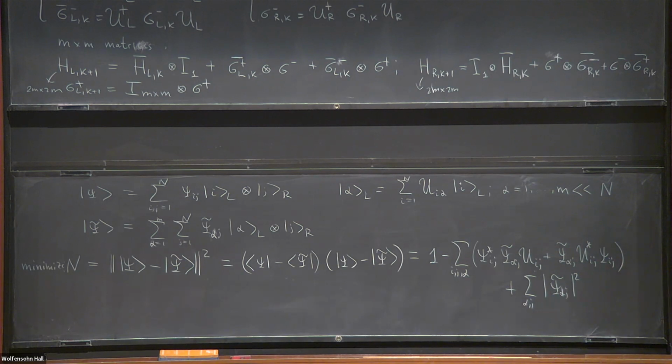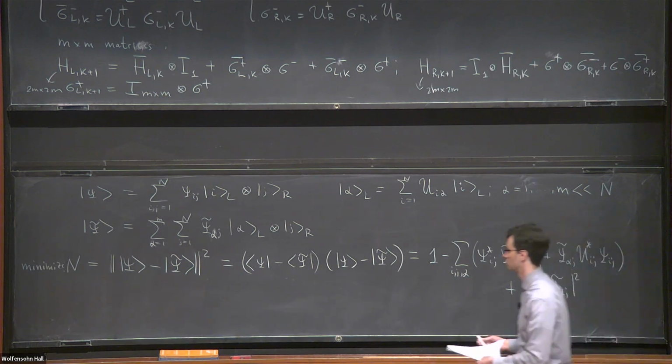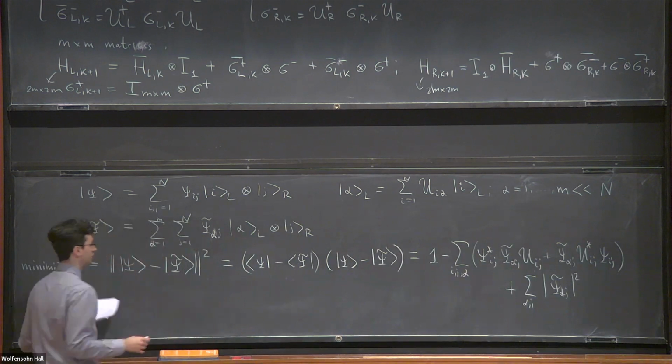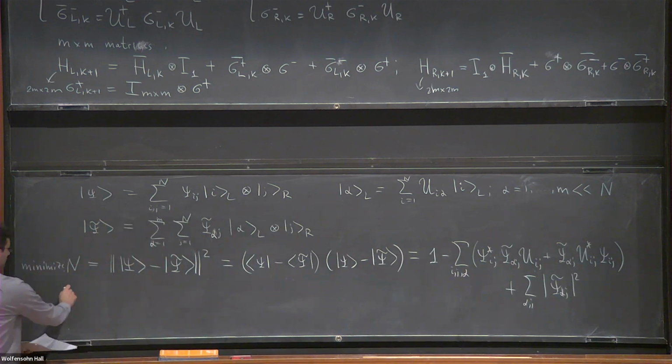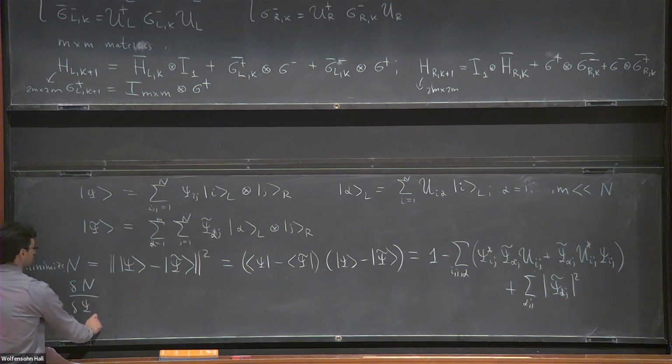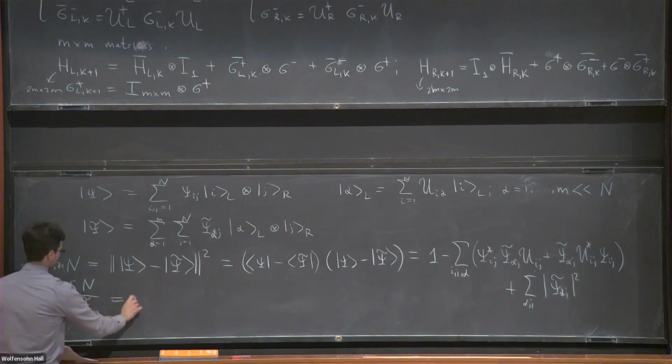Right. So we do this optimization of our wave function. We have to minimize this norm, and we can vary this norm over psi of j. It has to be 0.